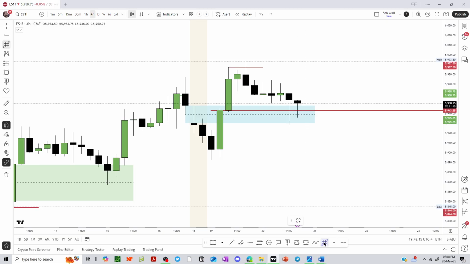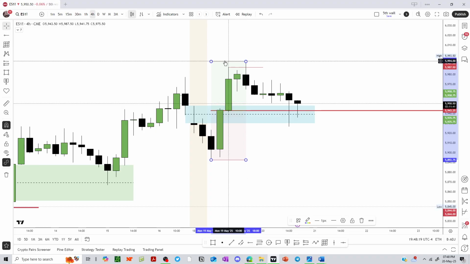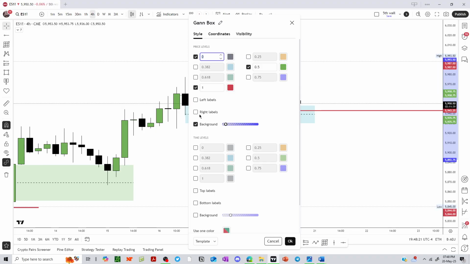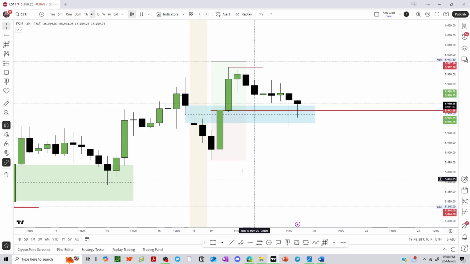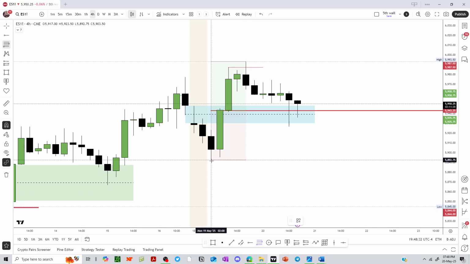Do you want to see what that looks like? This is what's going on here. You don't have to use that though. You can just use your fibs, because why not?